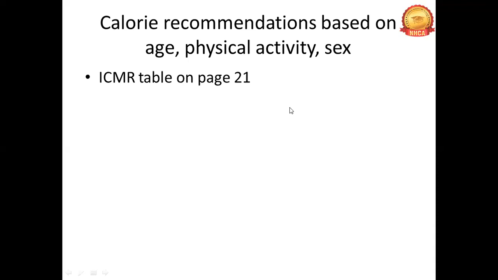This ICMR table was published in the year 2010. You can refer to the recent ones online as well, but mostly the calorie recommendations will be almost the same. Hardly 100 or 200 kilocalories difference could be there in certain areas, but otherwise, if you want to focus on the calories, just go to page number 21.